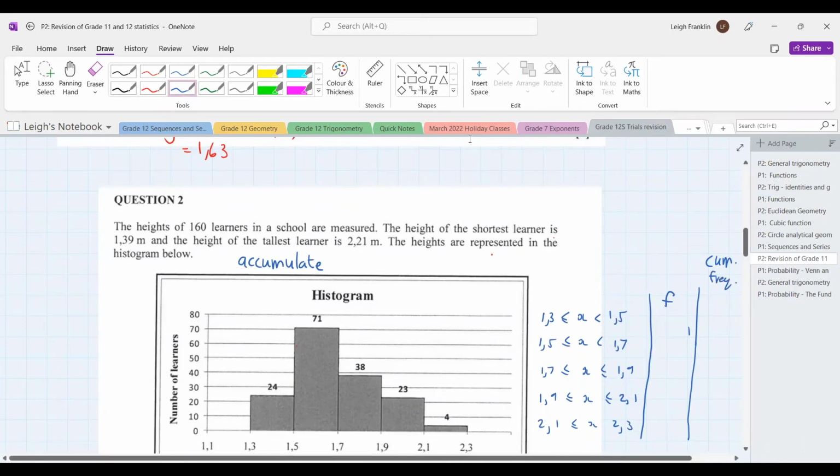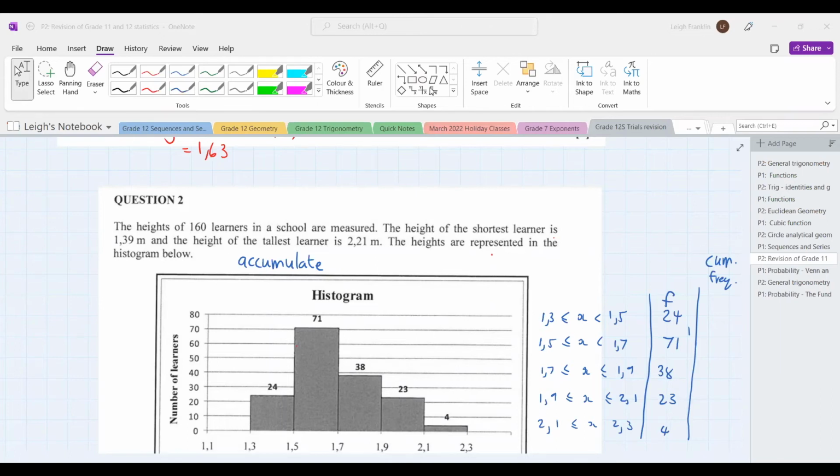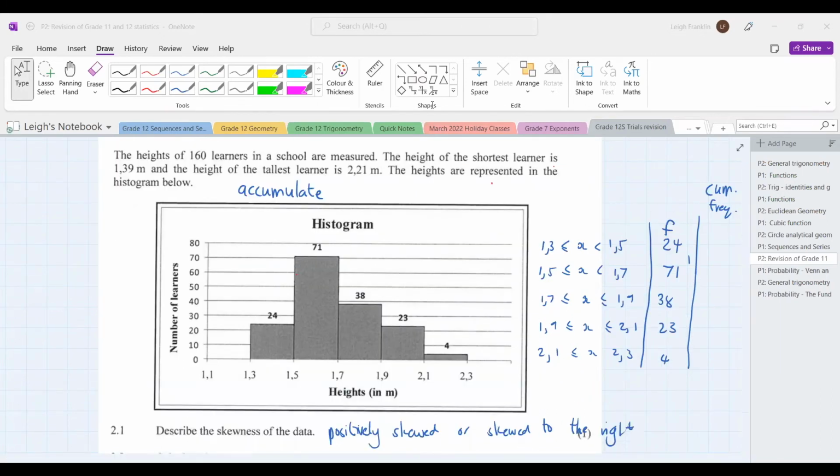How many people are between 1.3 and 1.5? There are 24. How many people between 1.5 and 1.7? 71. And then there are 38 people that are between 1.7 and 1.9. There are 23 people that are between 1.9 and 2.1. And then there are only 4 people. So how many people in total took part in this survey? What do all these numbers add up to?